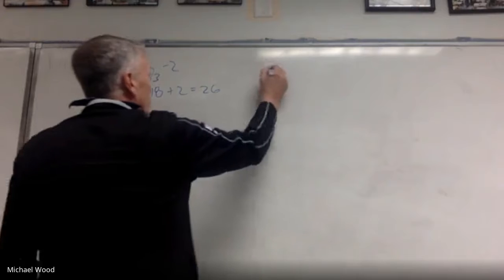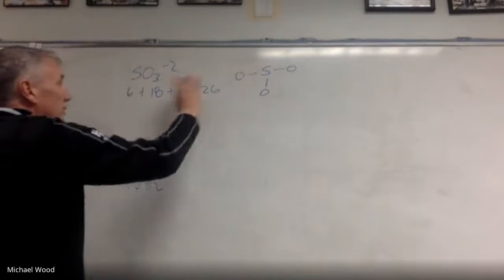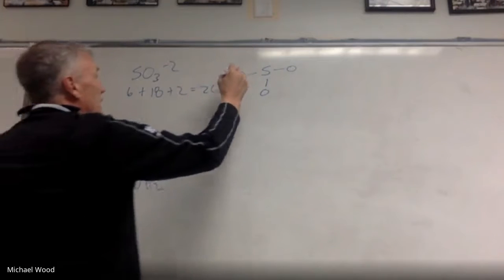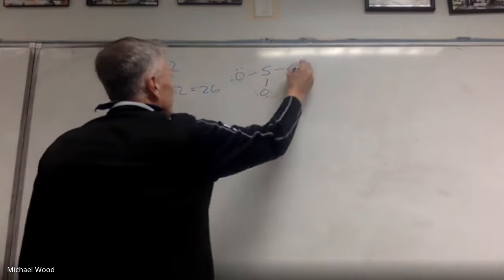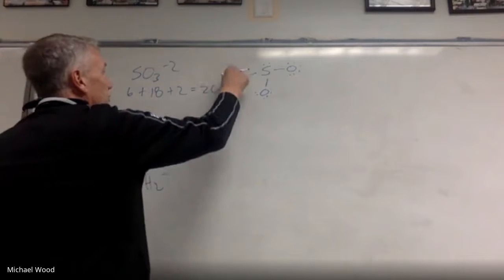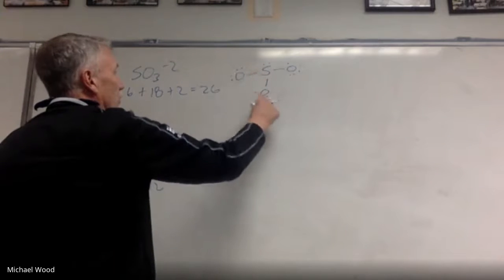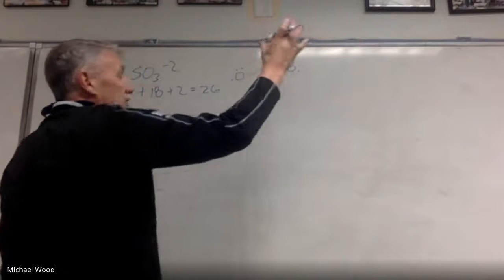Then I put sulfur in the middle, and I connect everything around it. Again, the first element in the middle, the other elements around it, and then I fill everything's octet. Now I count: 2, 4, 6, 8, 10, 12, 14, 16, 18, 20, 22, 24, 26. Everything is good.